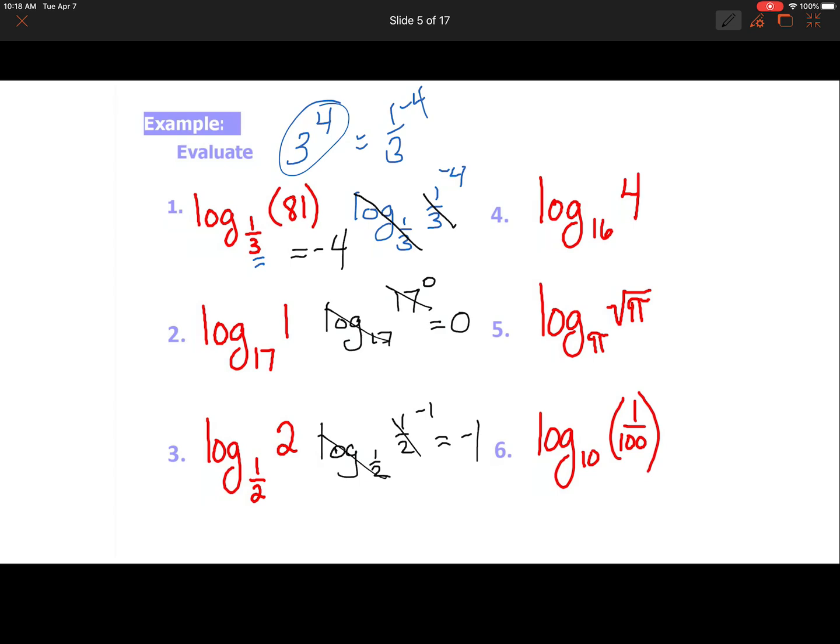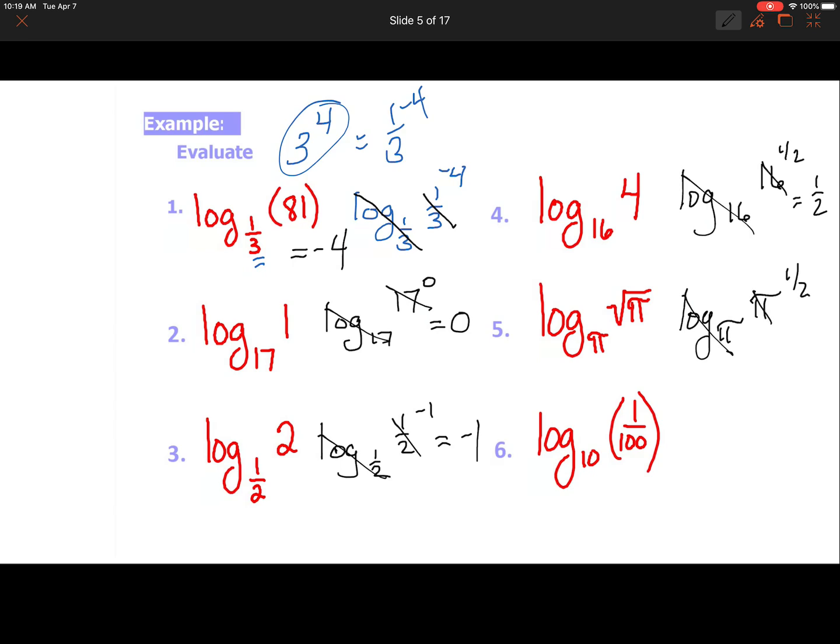I can continue on through. Number 4, again, I want to leave 16, even though it's tempting to change 16 to 4 squared, and there's some cheater ways of doing that. I really want to keep 16 right here, which is a little bit tougher. The square root of 16 is 4, so to the 1/2. That should allow me to do that, and I get 1/2. On number 5, it's already got a base that I'm familiar with, which is pi, but I've got to rewrite that square root as to the 1/2.